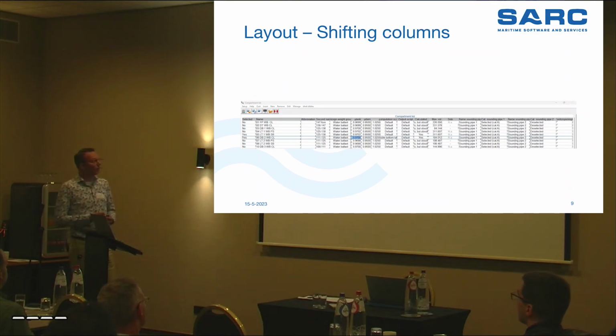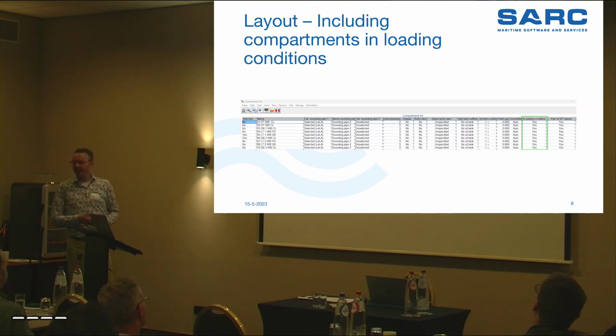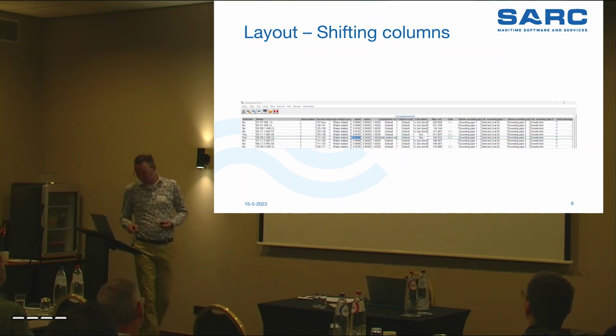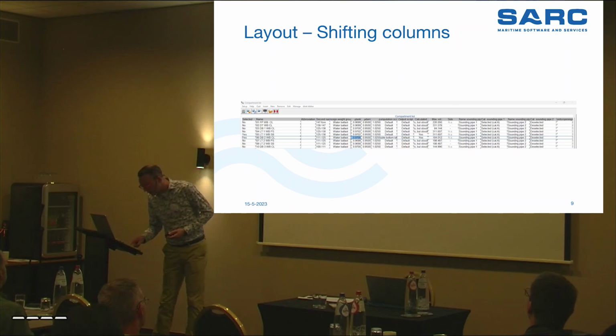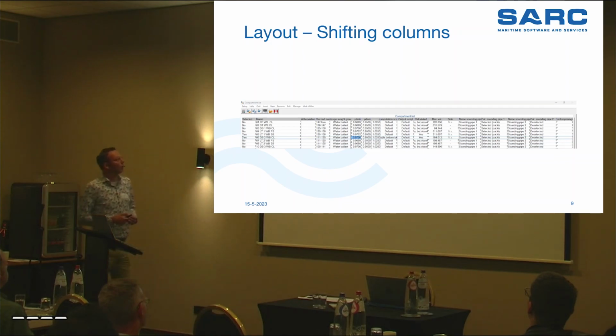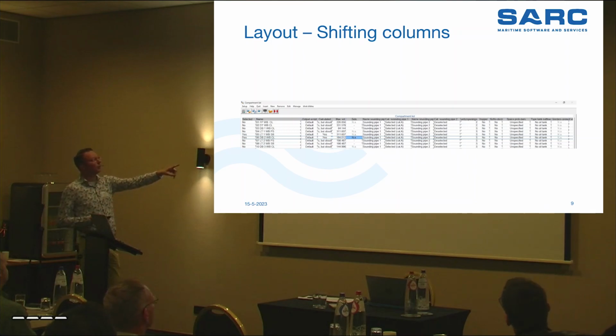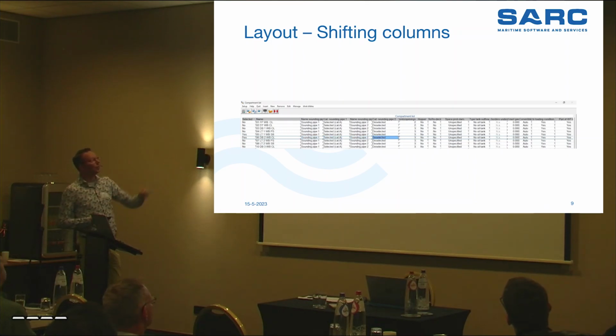These columns can of course be very handy to be seen when directly opening a layout. And these columns can be shifted, as follows. One can drag in the screen onto the column which one desires.